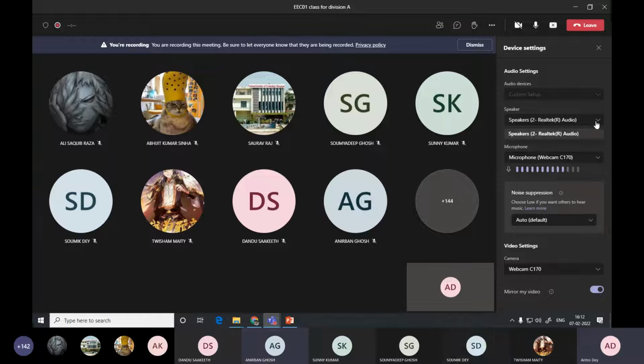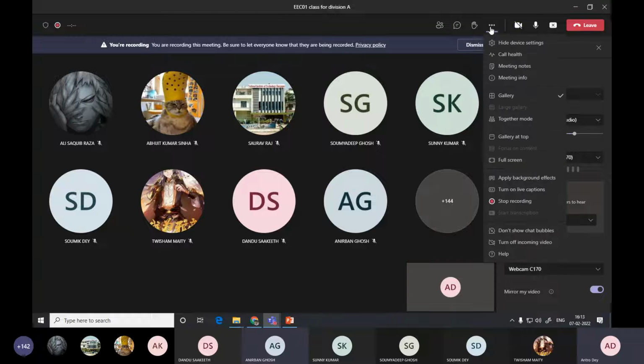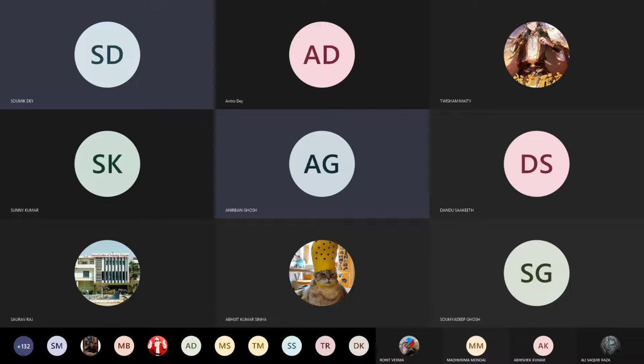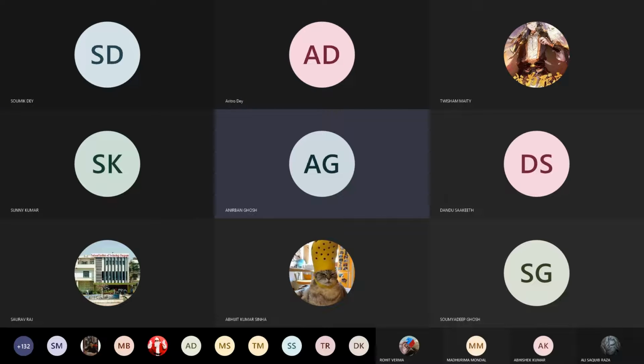I don't know why. What shall I do? I'll leave and then join? Just stop sharing and then start sharing. And there will be an option on the left, include system audio.